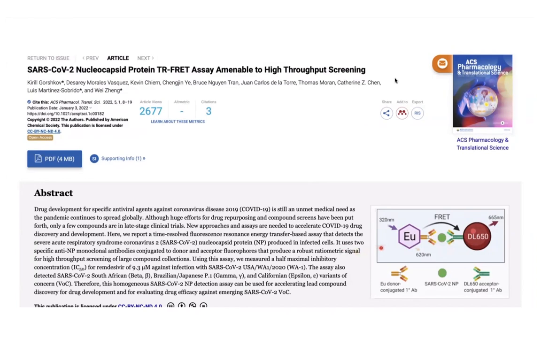And so this can be used to detect the presence of the virus, as well as to screen for things that prevent the virus from infecting cells. So very cool strategies, lots of strategies that you can use for FRET. So this is an example of using antibodies as a way to prevent having to label your protein itself.